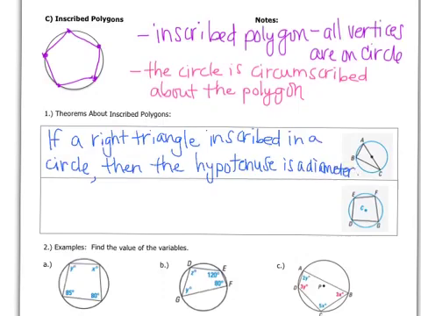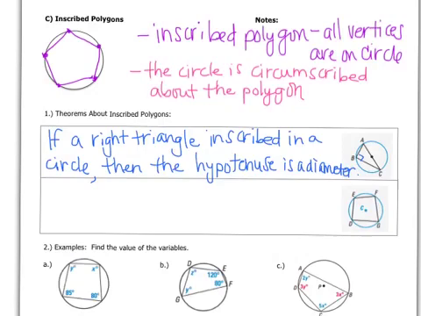So notice that you have the endpoints on the circle. This is a right triangle. The hypotenuse of that right triangle has to be a diameter of the circle. And that converse is also true. So if you have a triangle inscribed in a circle where one side goes through the center, that has to be a right triangle.